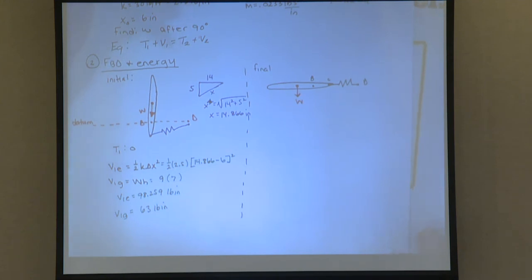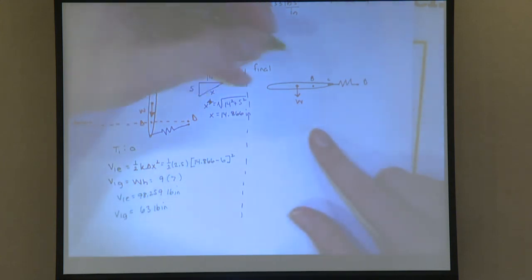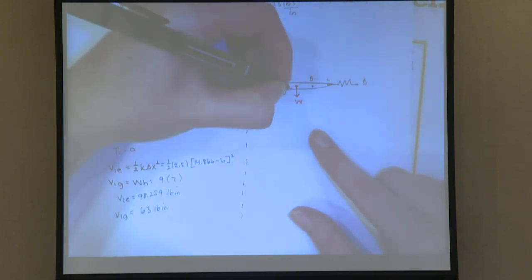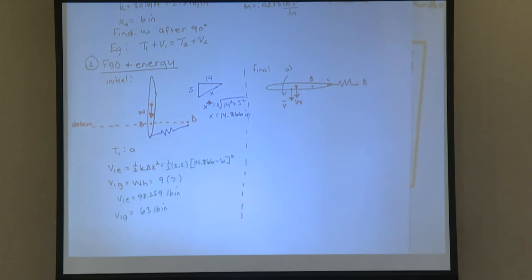And so we said that initially the thing was at rest, but on this side, we know we're going to have an omega and a velocity at that point, right? If it were rotating about the centroid, we would just have an omega.